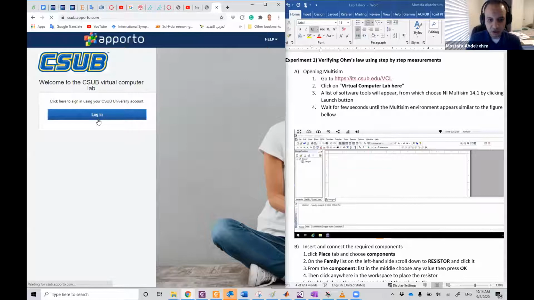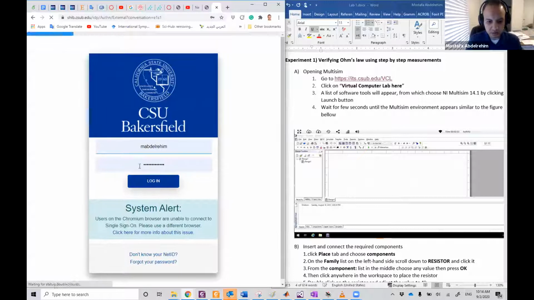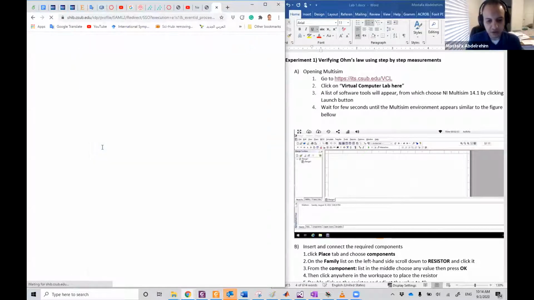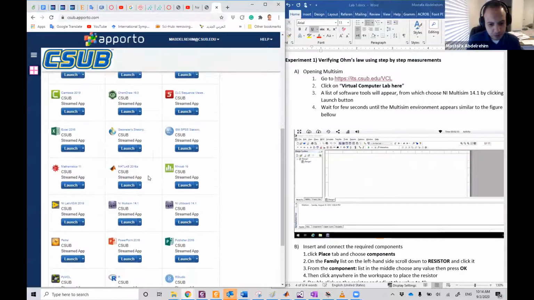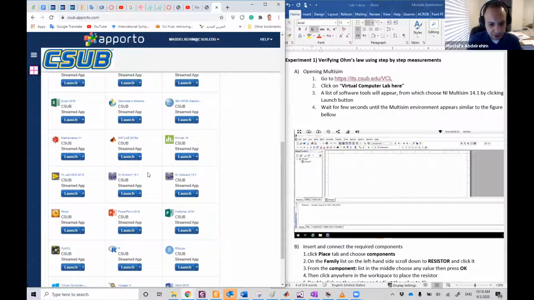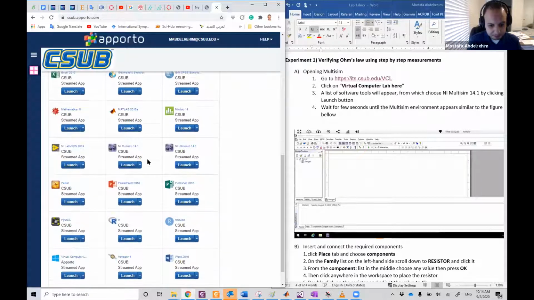It will ask you to log in using your CSUE credentials. Here we go. Here is all the software that you can use in the virtual computer lab. One of them is our Multisim.